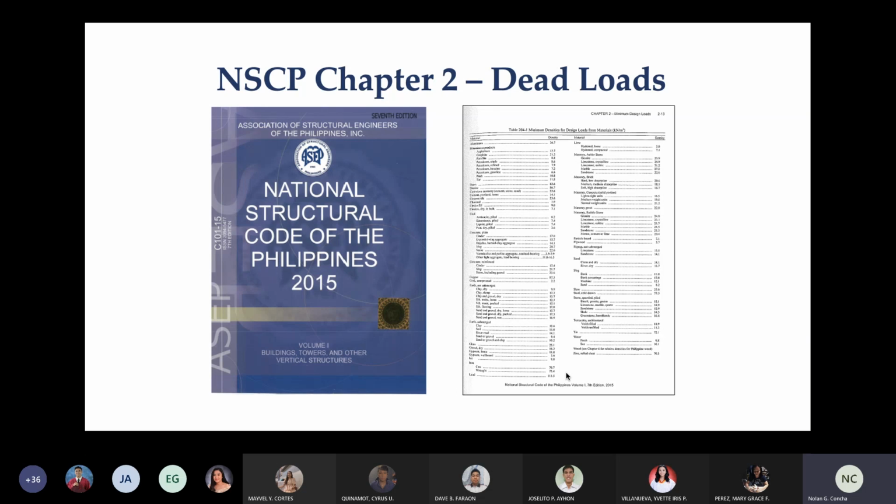So pag nag-RCD kayo, reinforced concrete design, or kapag nag-steel design kayo, you can take the values of the dead loads of your materials in chapter 2 of your NSCP. So meron doon 4 na subsections, and one of the subsections is dead loads.